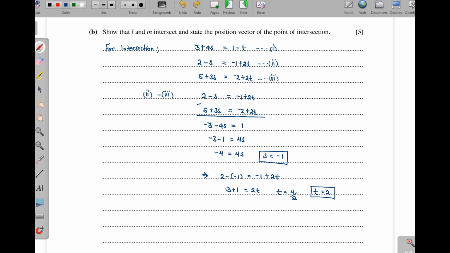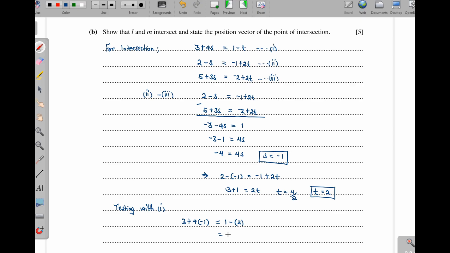Now testing, I will say here, testing with the first equation, with equation 1. Now we have 3 plus 4s is -1. Then is it equal to 1 minus your t, which you have gotten here?